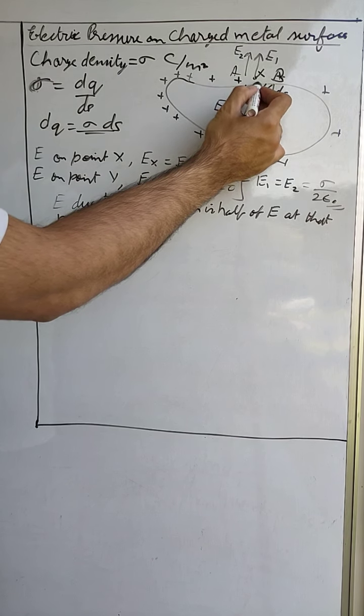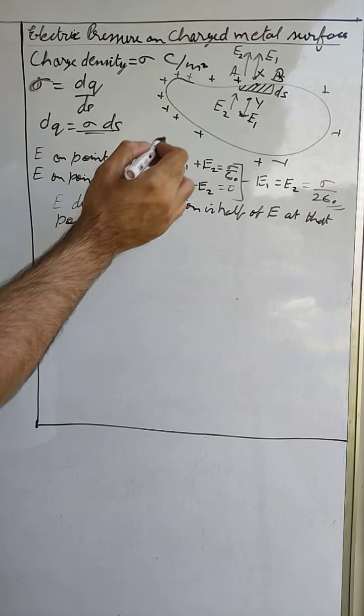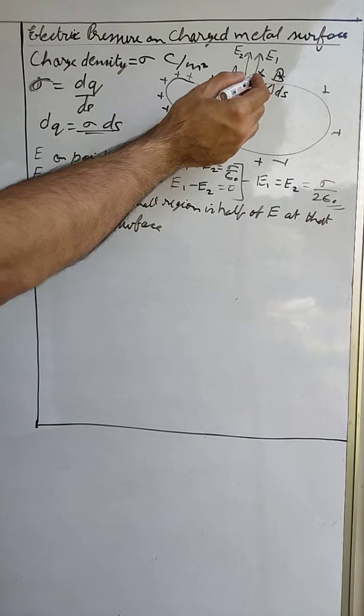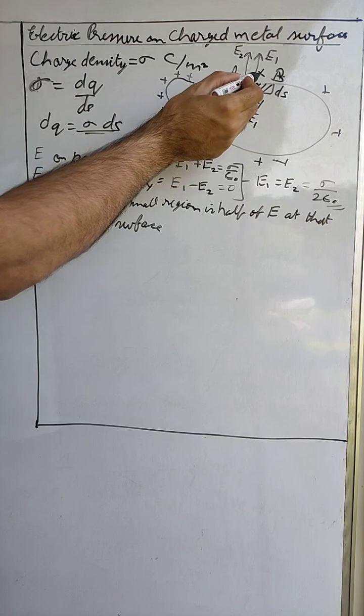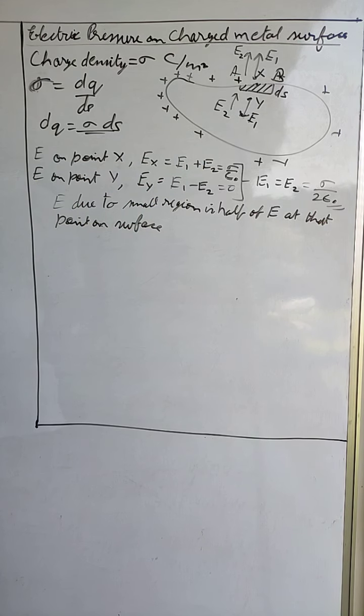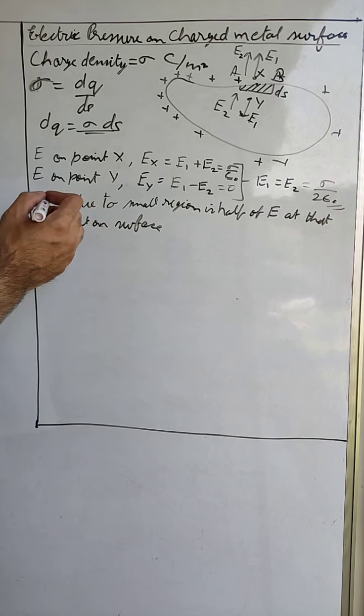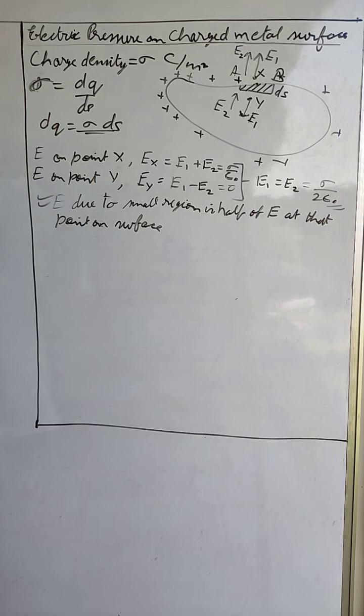The electric field just outside will be half of the electric field at the point on the surface. So it is a very important result. Always remember this. Now we'll use this result to find the force.